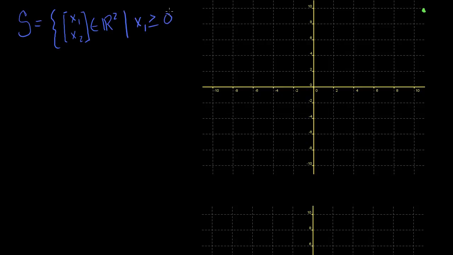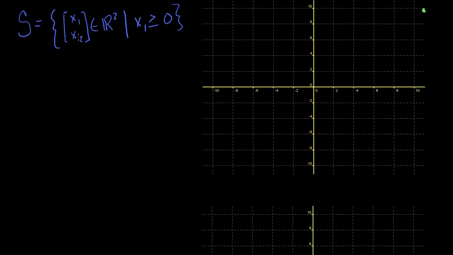So let's say I were to define some subspace, some subset. I don't know whether it's a subspace. Let me call my set S, and it equals all the vectors x1, x2 that are a member of R2, such that I'm going to make a little constraint here, such that x1 is greater than or equal to 0.